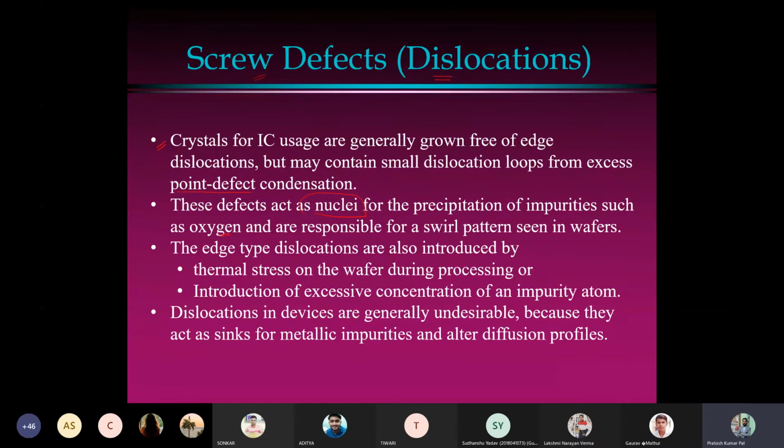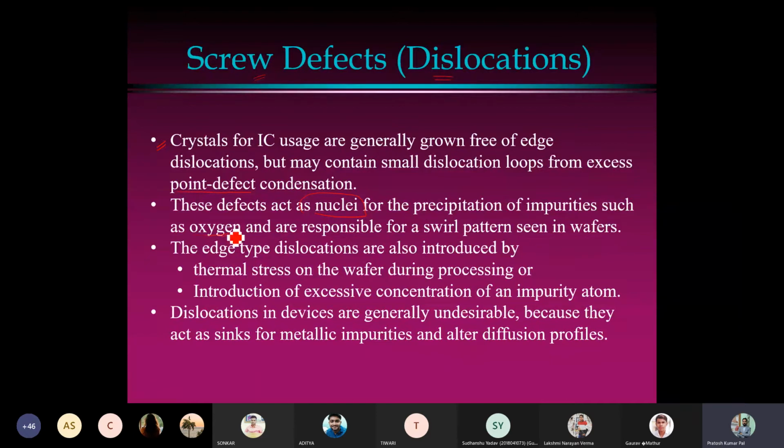So this vacant space, like a Schottky defect or Frenkel defect, can be a source of impurity trap. Oxygen impurities can be trapped at that defect, so they can change the behavior of the crystal itself.